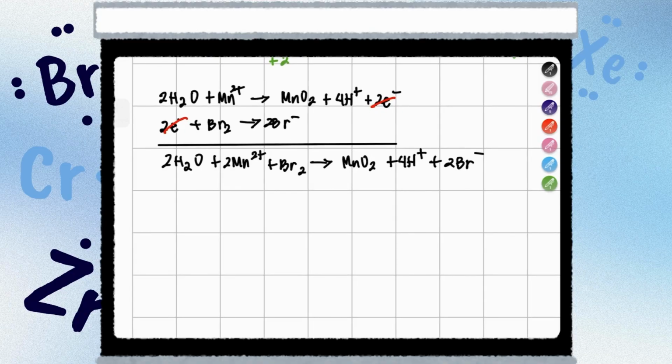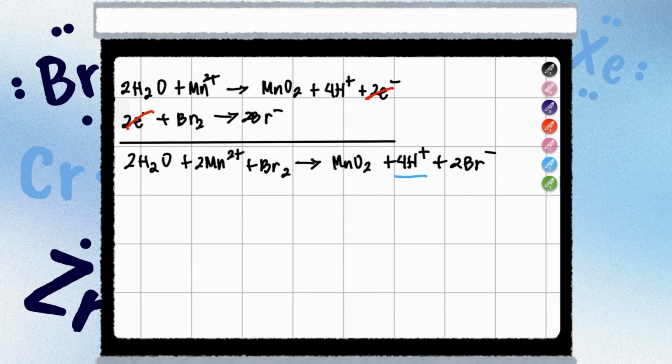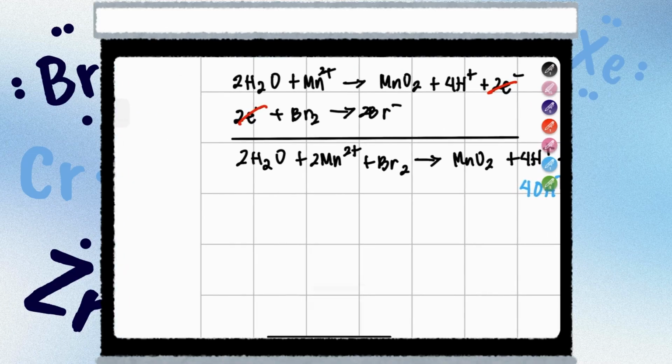Ngayon, ito yung extra step. Kailangan natin magdagdag ng OH negative sa 4H natin. So, ito lang naman yung may H plus. So, dito tayo magdadagdag 4 molecules of OH negative. Then, dito sa side na to, 4 OH negative.